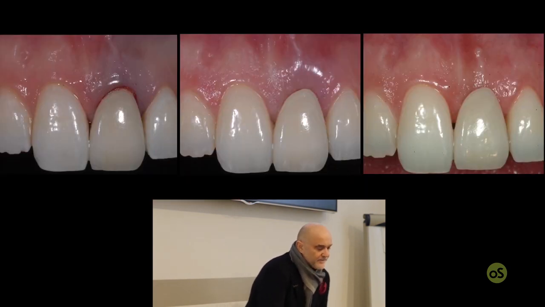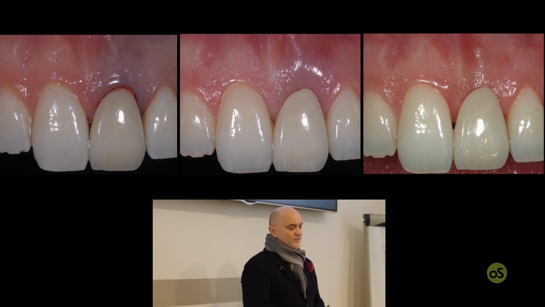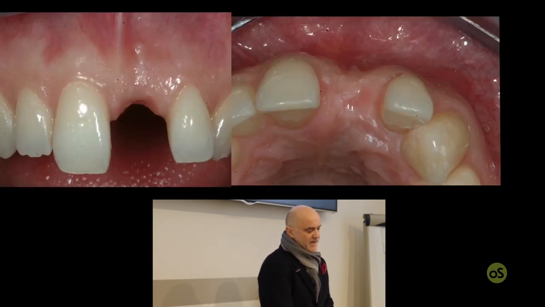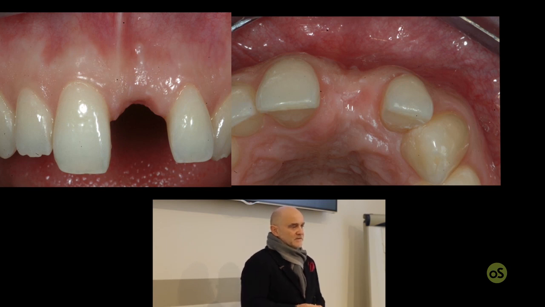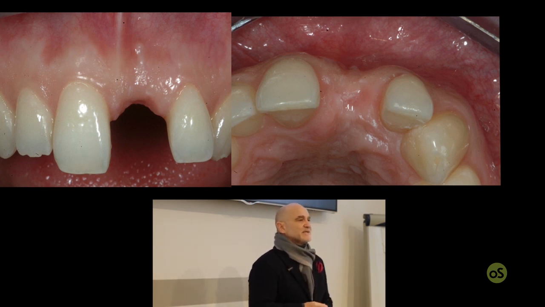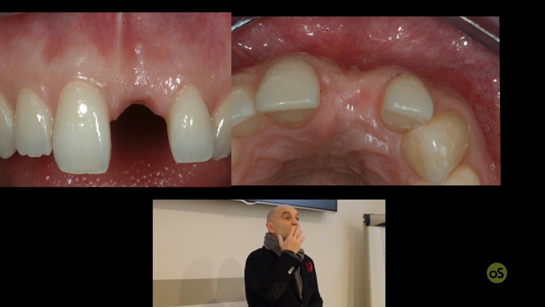So in the delayed approach, we remove the tooth, we apply a Maryland bridge, we wait 6 months, and obviously, since it's a tooth that was extracted for dental reasons, it's a buccal fracture, we have a concavity due to the buccal bone loss, due to the loss of the bundle bone and the root.